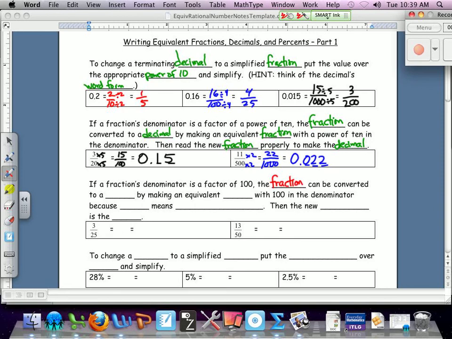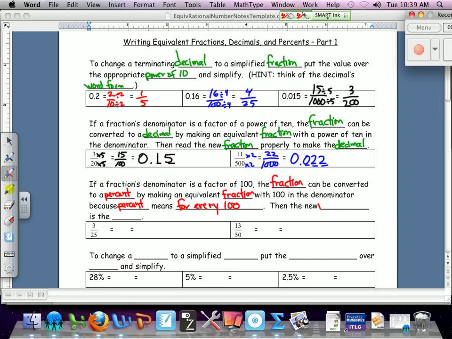For the next section of our notes, we're going to be converting to percents. So if a fraction's denominator is a factor of 100, again, it only works with certain fractions. The fraction can be converted to a percent by making an equivalent fraction with 100 in the denominator, because percent means for every 100, for each 100.